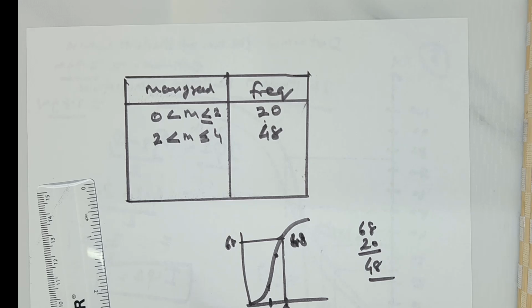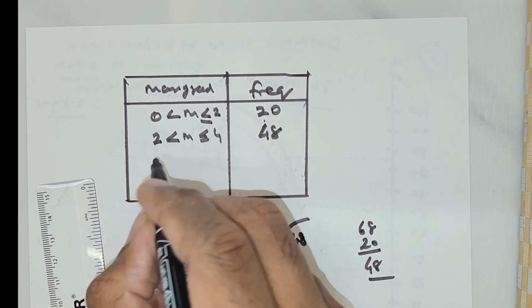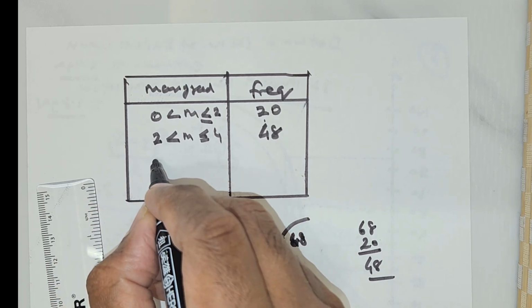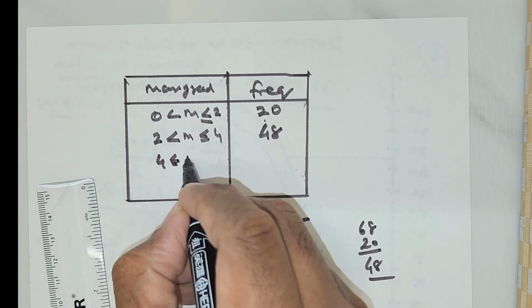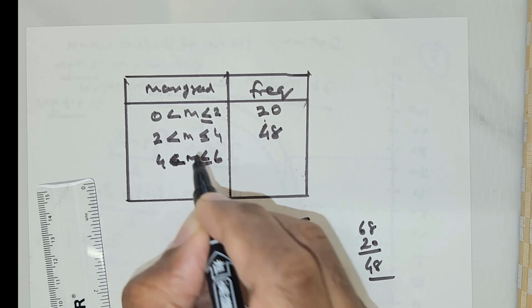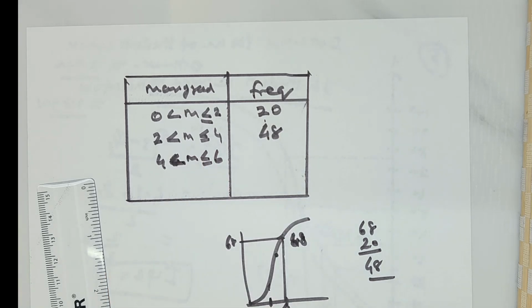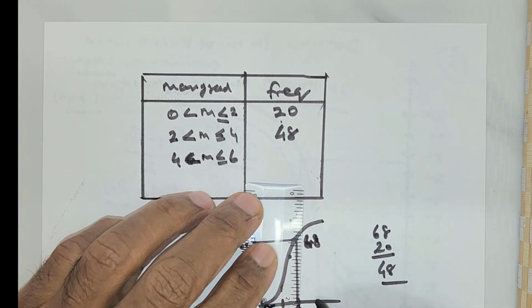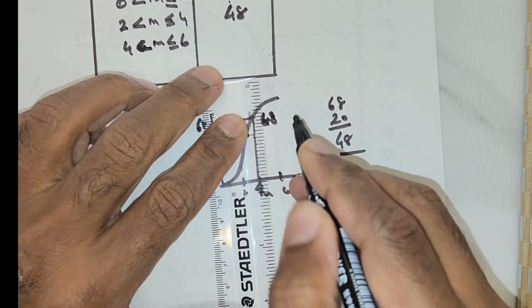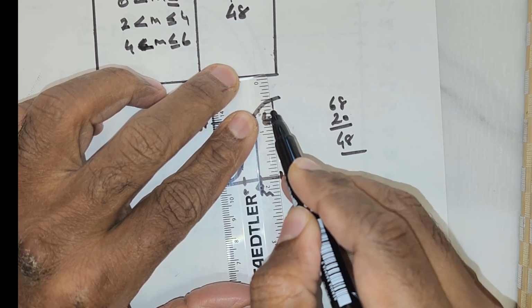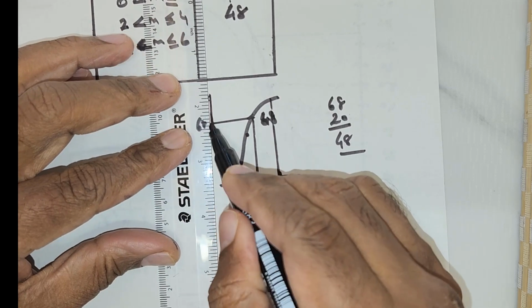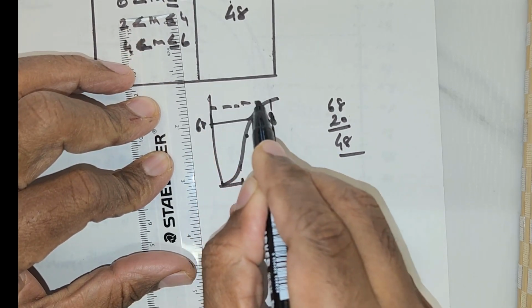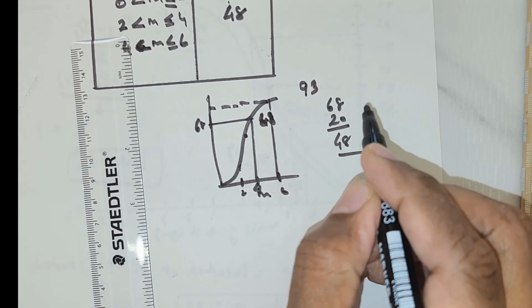Okay, after you have got this, you will have to locate the value which is between 4 and 6, 4 less than or equal to 6. At 6 grams, if you locate this point, it is approximately located at 93.